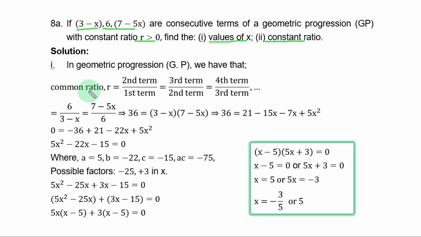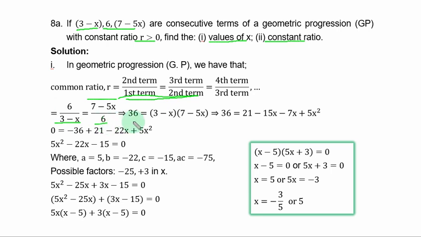Because we have 3 terms in the given GP, let us consider these 2. Second term 6 over first term 3 minus s is equal to third term 7 minus 5s over second term 6.